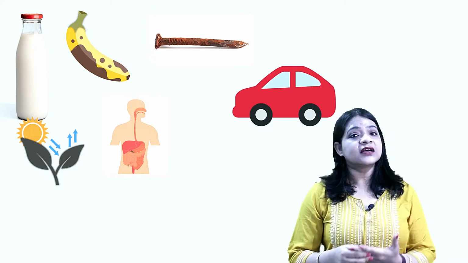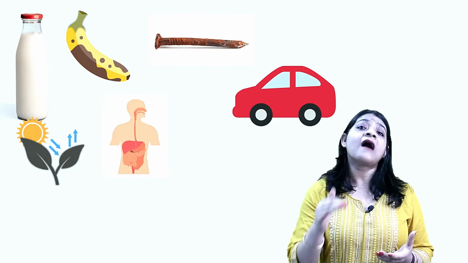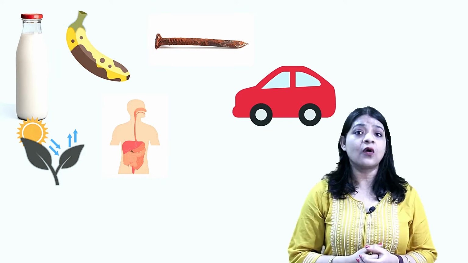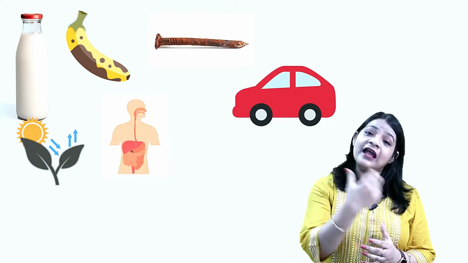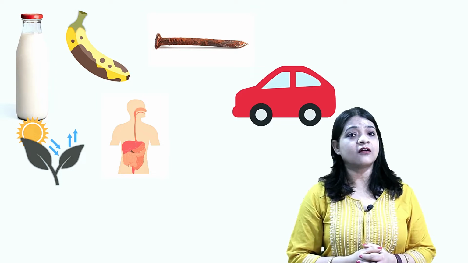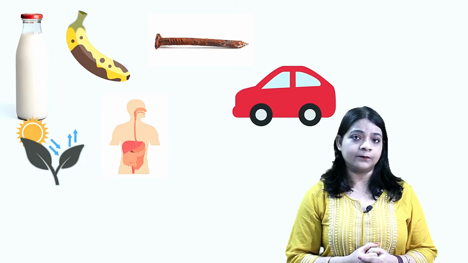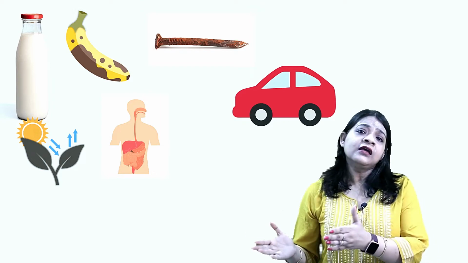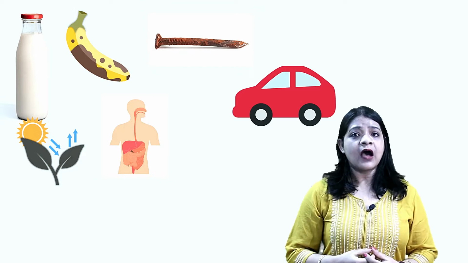Like when we consider rusting of iron, a layer of iron gets converted into iron oxide, a layer of iron oxide gets deposited on the surface of the iron and hence it turns reddish brown in color. So iron oxide has a different chemical composition from that of iron.